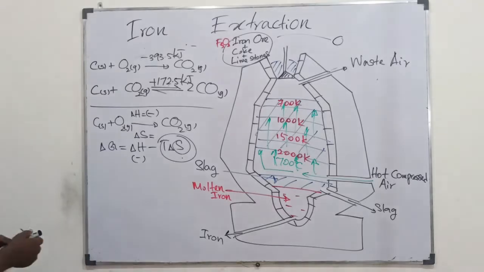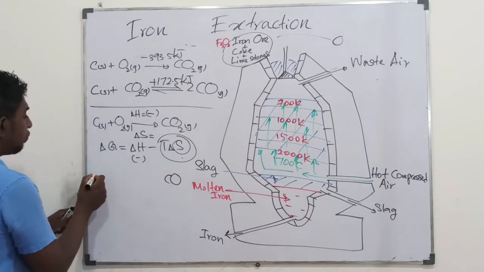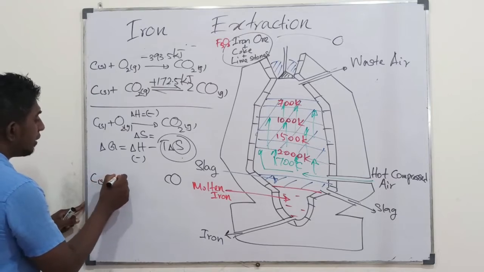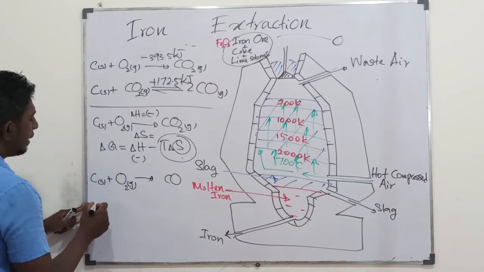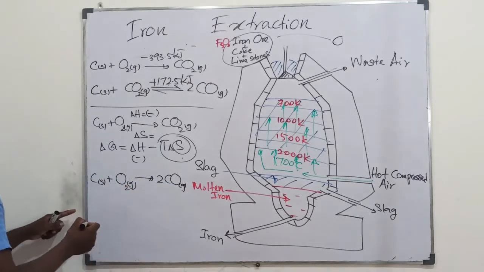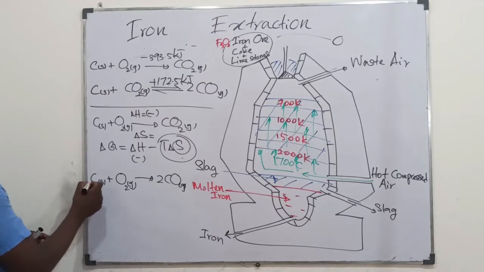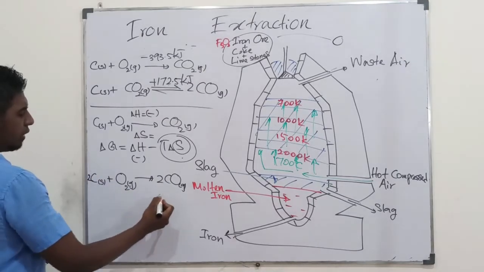Okay, let's do the same thing for carbon monoxide. Let's assume carbon monoxide is formed by the reaction of coke with oxygen. So, students, you get a 2 when balancing here. So the number of gaseous molecules is 1 and 2 here.